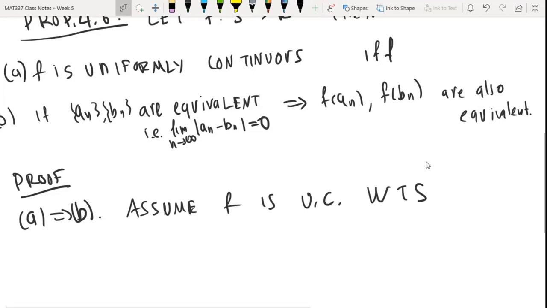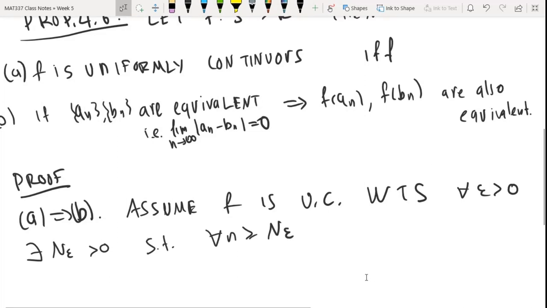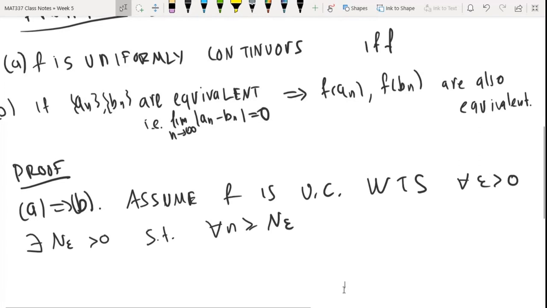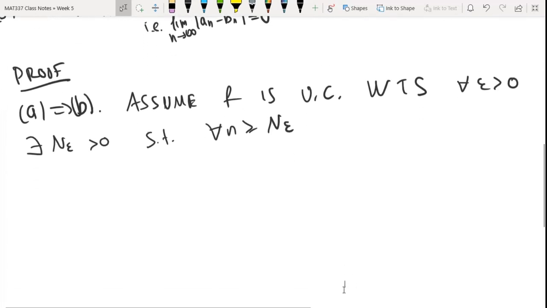Want to show that f of an and f of bn are equivalent: for every epsilon positive, there exists an n epsilon, so that for all n bigger than n epsilon, f of an minus f of bn is less than epsilon.